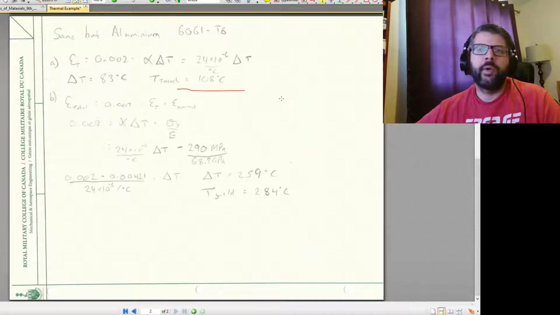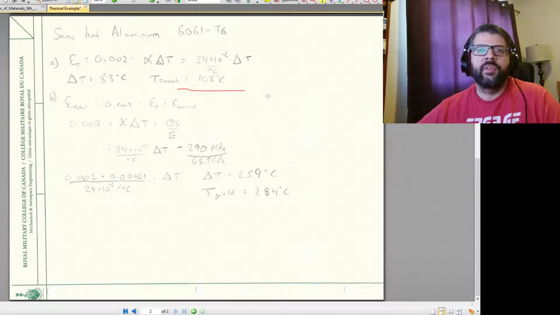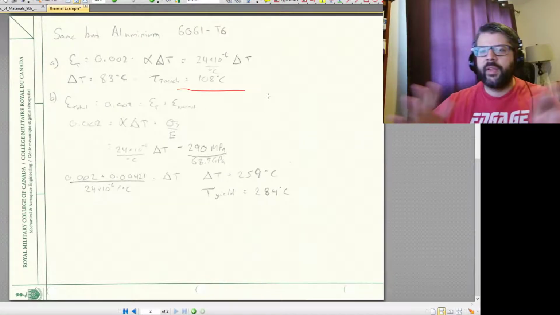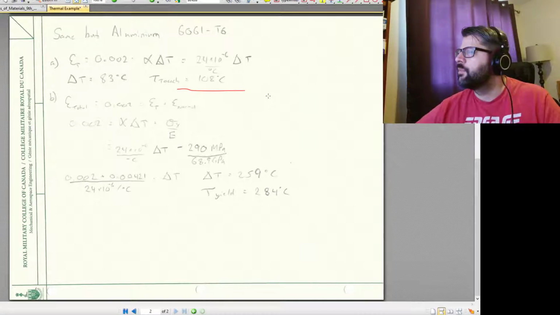So that'll be at 108 degrees Celsius. It's going to be touching a bit sooner than the other one because it expands faster due to the higher coefficient of thermal expansion.